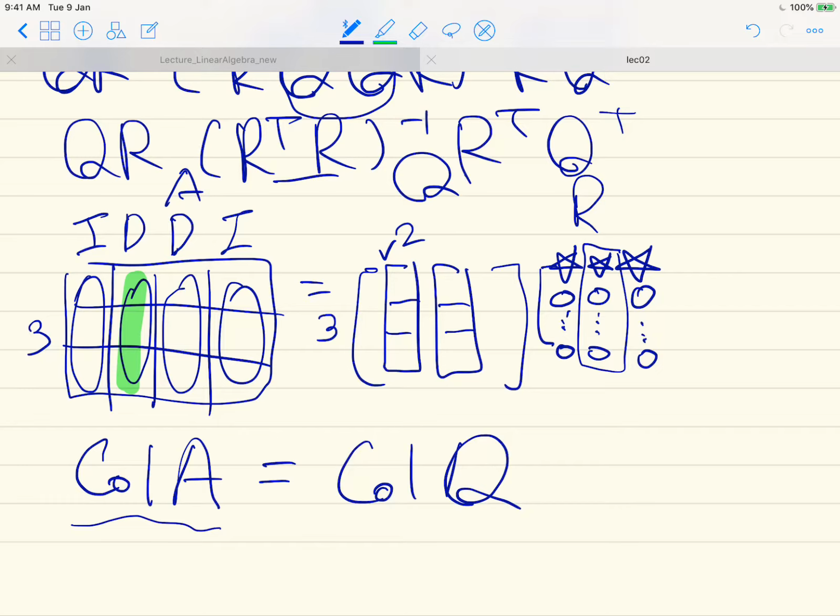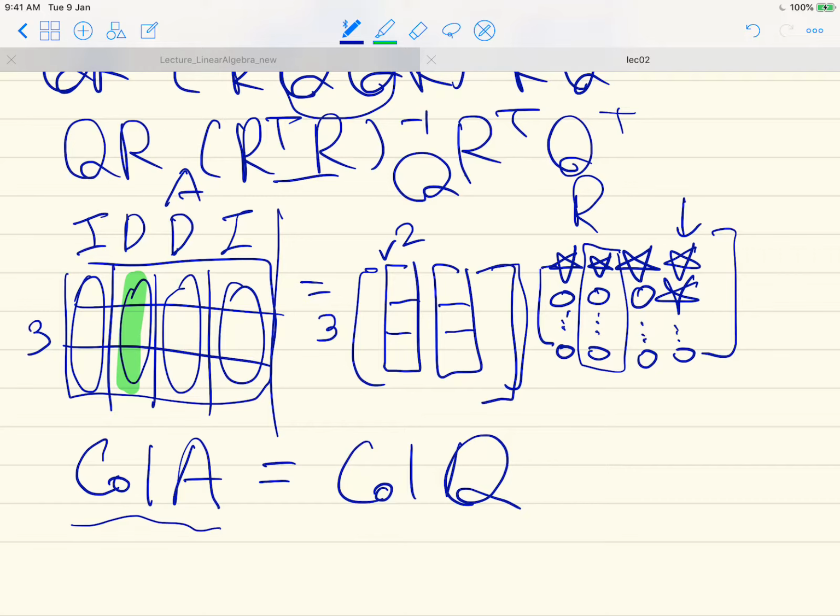And what about the pattern of R? Here the star is non-zero values. So some value and 0, right? And that's it. So we reach the end of our last column in our matrix A, and that's when we just finish.